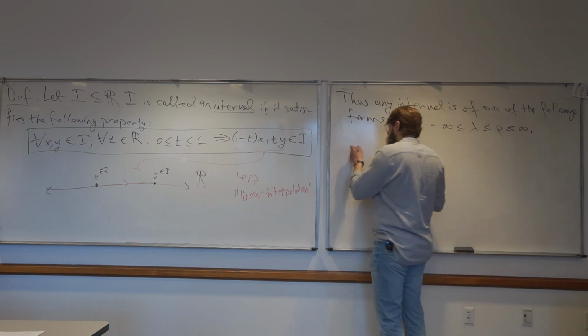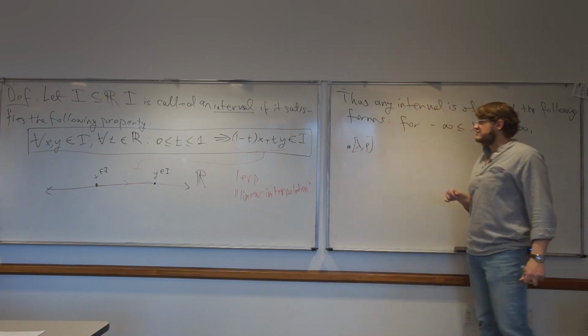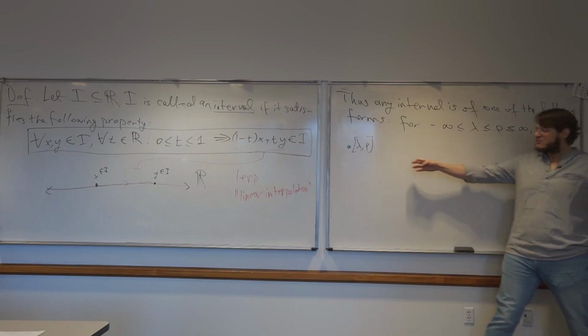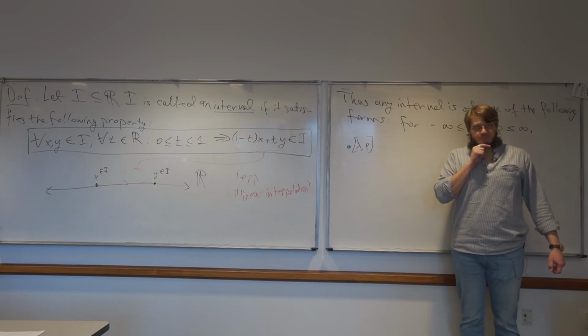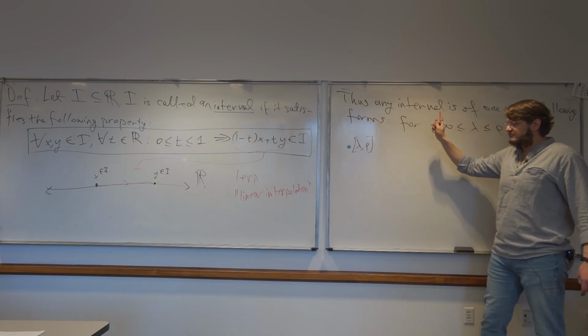We have lambda and rho with square brackets. Now, as opposed to these curly brackets that we were using for arbitrary sets, for intervals, we're going to use square brackets. What does this stand for? It's a set, right? It's an interval.